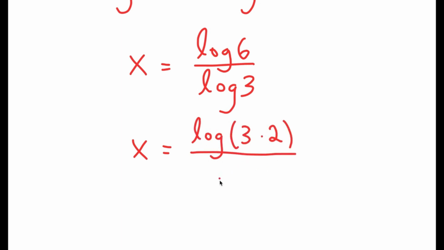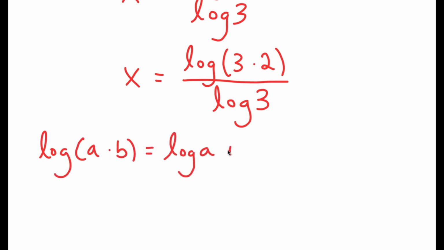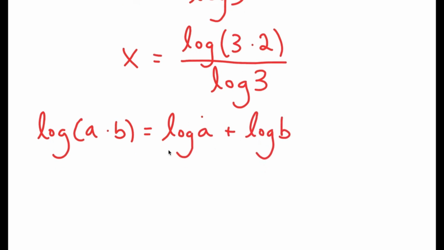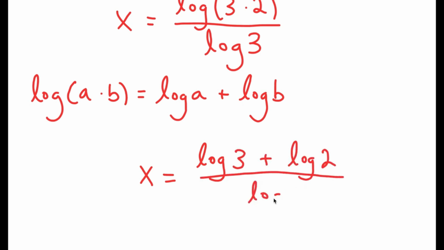So I have log 3 times 2 over log 3. And if I have something in the form log of a times b, this is equal to log a plus log b. So log of 3 times 2 is equal to log of 3 plus log of 2, and I have this over log of 3.